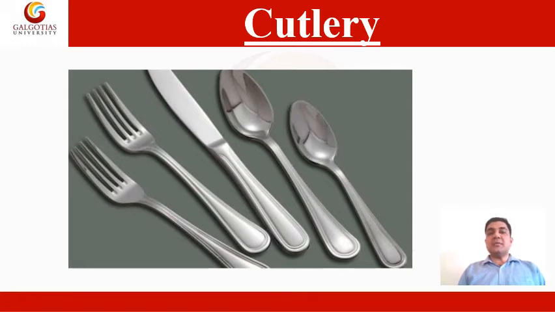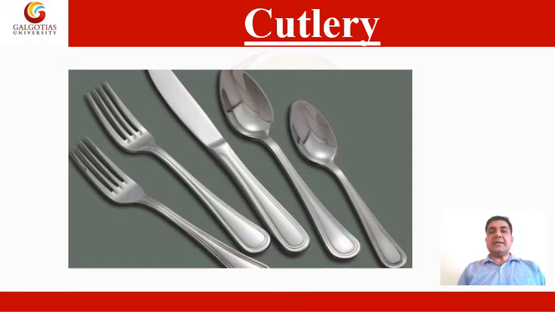In forks, spoons and knives, there can be many types also. For example, you must have seen at your home that you have a tea spoon, soup spoon, dinner spoon, dessert spoon, and the same goes for knives and forks.